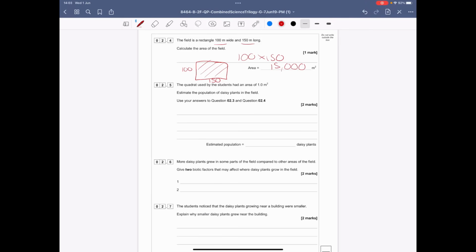The quadrat used by the students had an area of 1 metre squared. So they were using a 1 metre by 1 metre quadrat. Estimate the population of daisies in the field. Use your answers from 2.3 and 2.4. So this will allow, if you made a mistake on the past 2 questions, you'll still get credit if you follow this step.